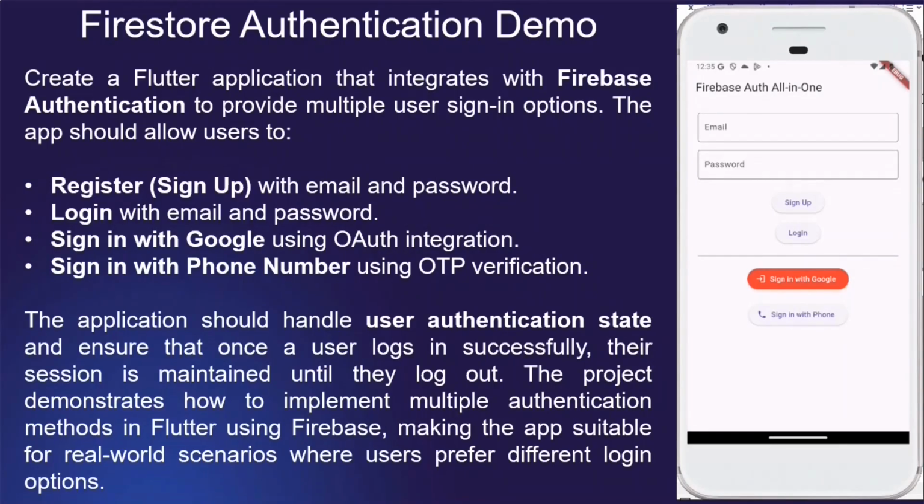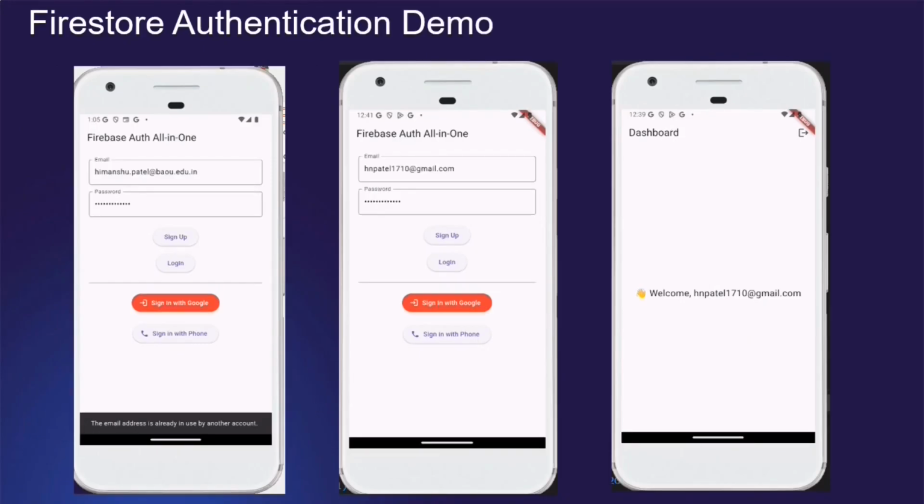You can also add other options like Facebook and Twitter, but initially we use these three sign-in methods: email and password, or with Google, or with phone. Now you have to enable these services in your Firebase project to which your app is linked. So this is how it works.